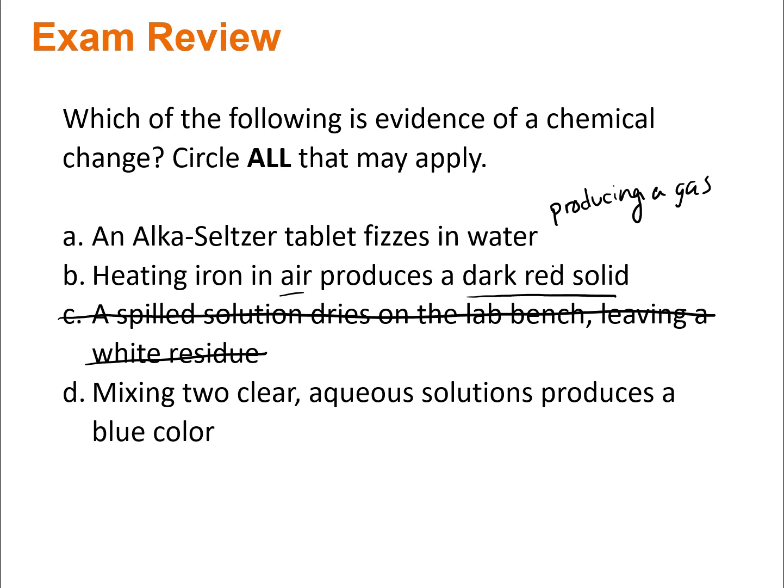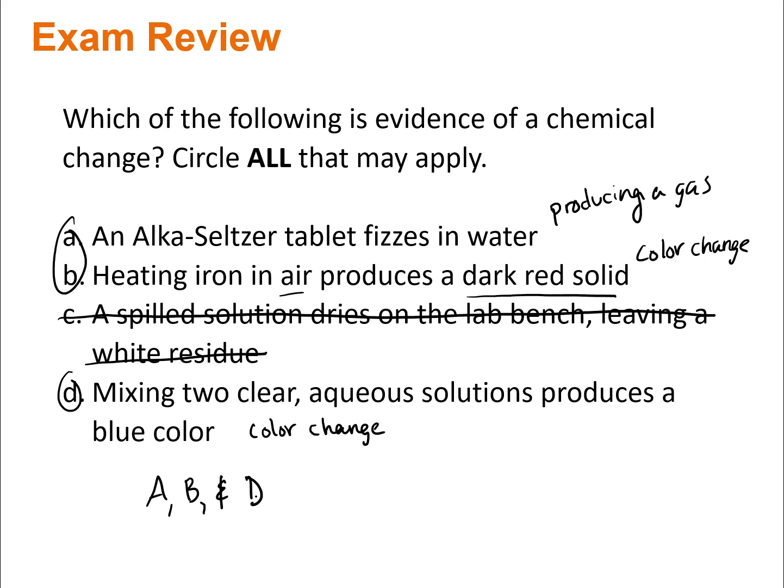And we're making a dark red solid. So that's definitely evidence of a chemical change. We're seeing a color change here. And then mixing two clear aqueous solutions produces a blue color. Again, that's another color change. So it's A, B, and D. Is everybody clear on that?